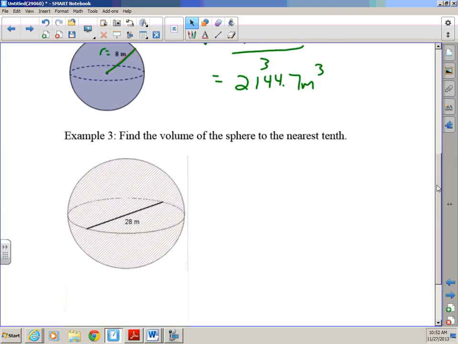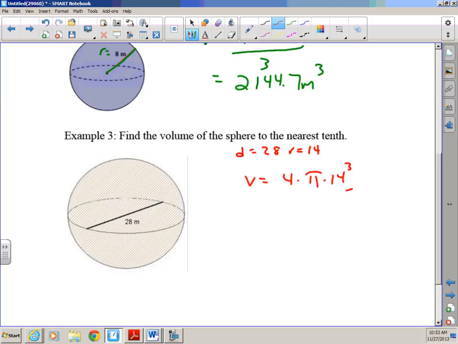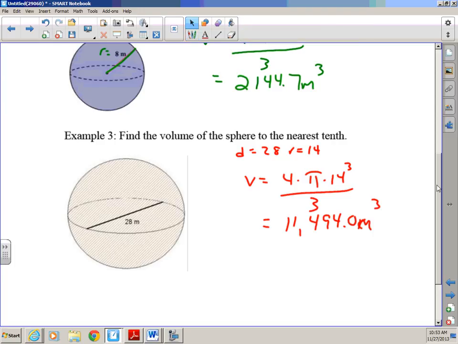In the next one, you'll notice that what we're given is the diameter. So if the diameter is 28, r is 14. Again, 4 times pi times 14 cubed divided by 3, 11,494.0 meters cubed. Okay, all should be pretty straightforward.